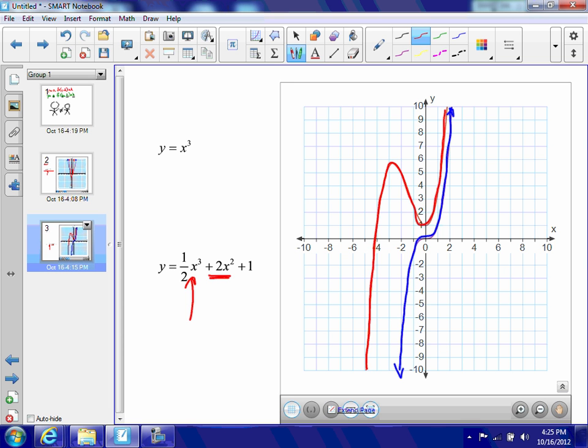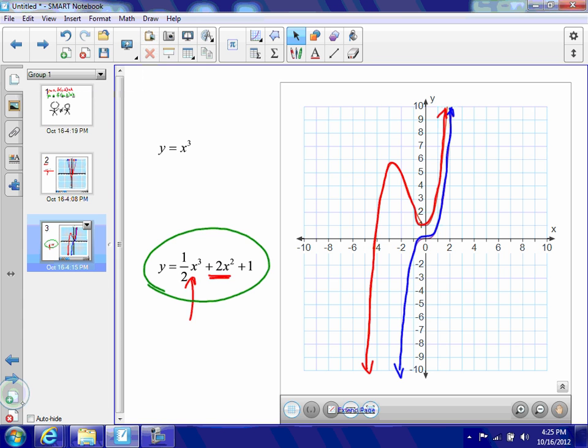So the genes, so to speak, from x cubed are dominating this function. And we have the same thing, where the ends go in opposite directions. So when we're talking about transformations, we're talking about what are the different features inside of a more complicated function that are going to impact the parent function and change the way that it looks.